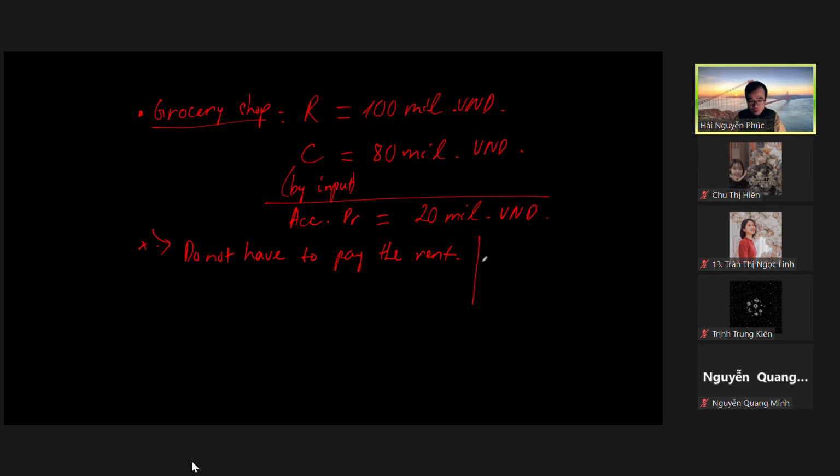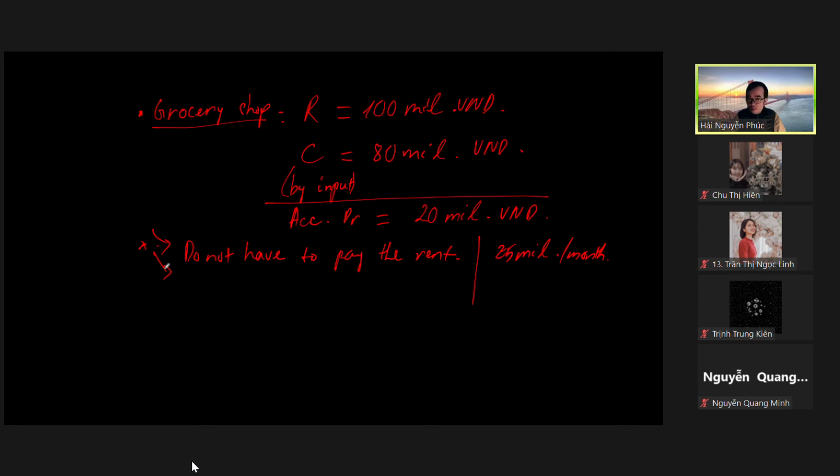Let's say you rent the house to Techcombank. They will pay you 25 million a month for your house. What else?